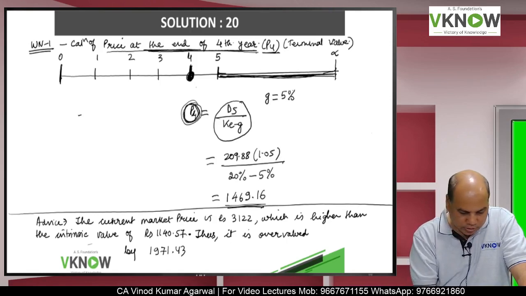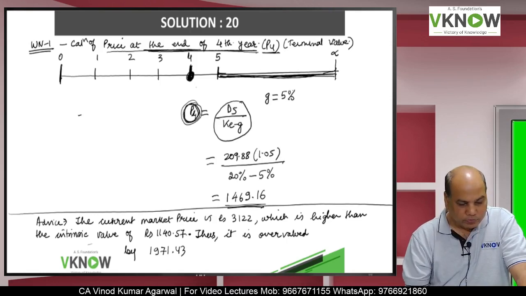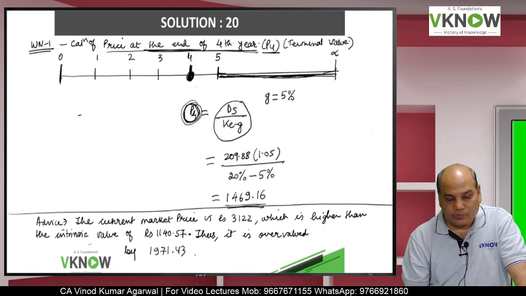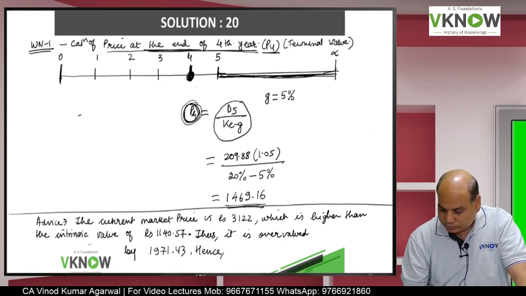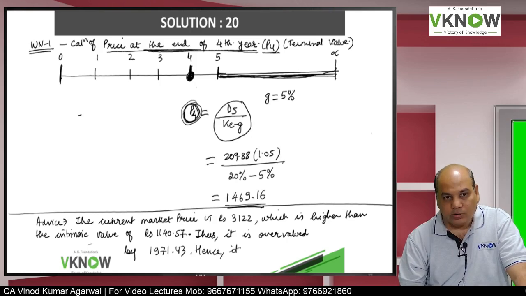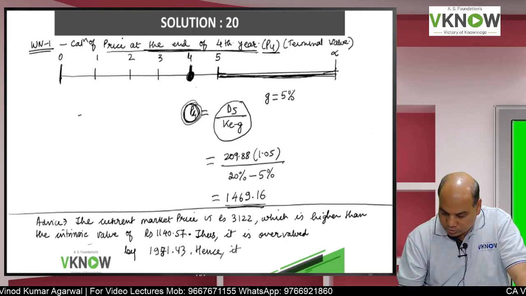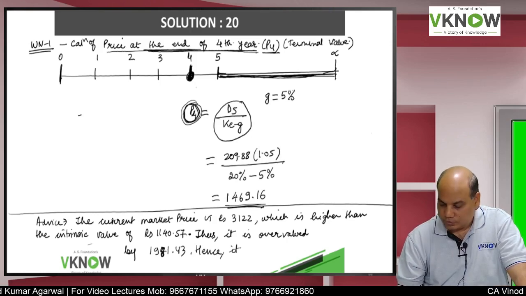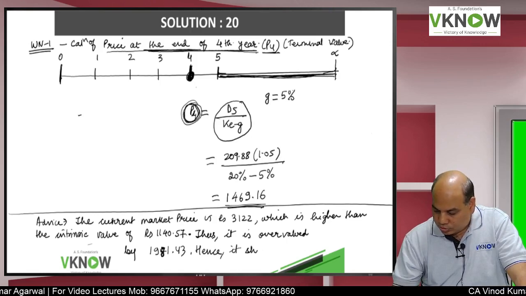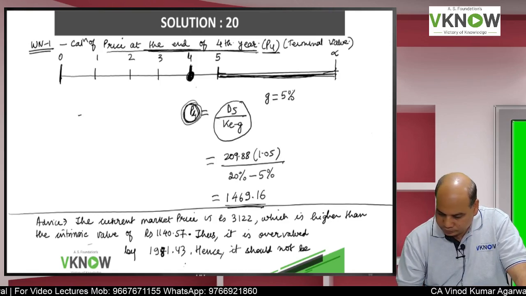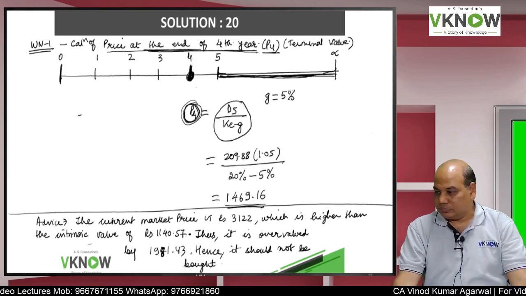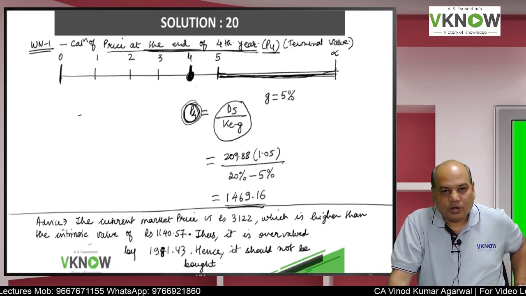Just let me try again. Okay, fine. So this is 1981.43. Hence it should not be bought.